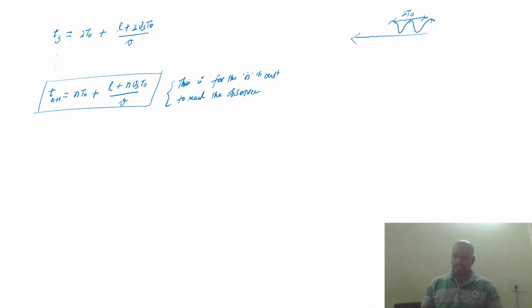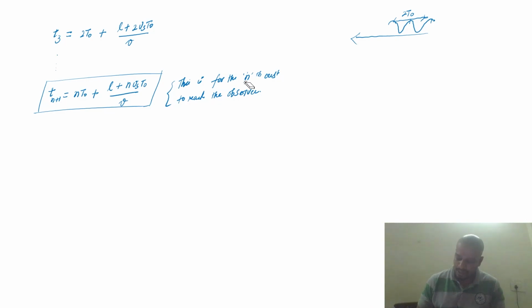Okay, fine. Let's take the observation by the observer. Now we can ask a question from the first crest to the n plus 1th crest.